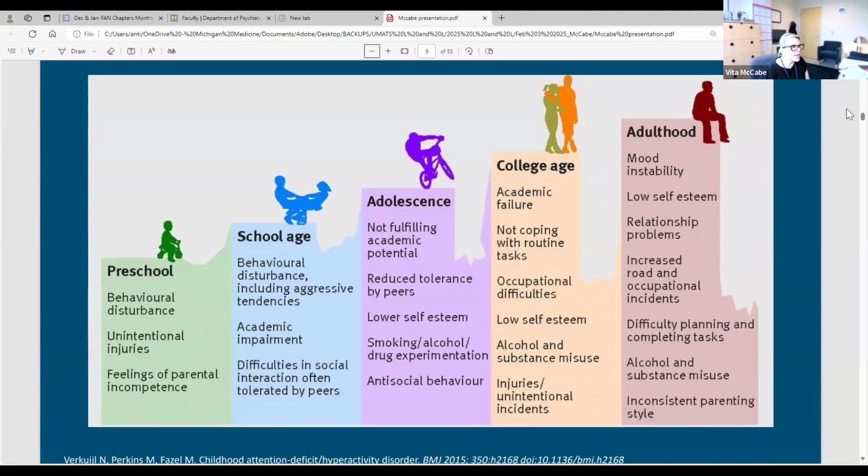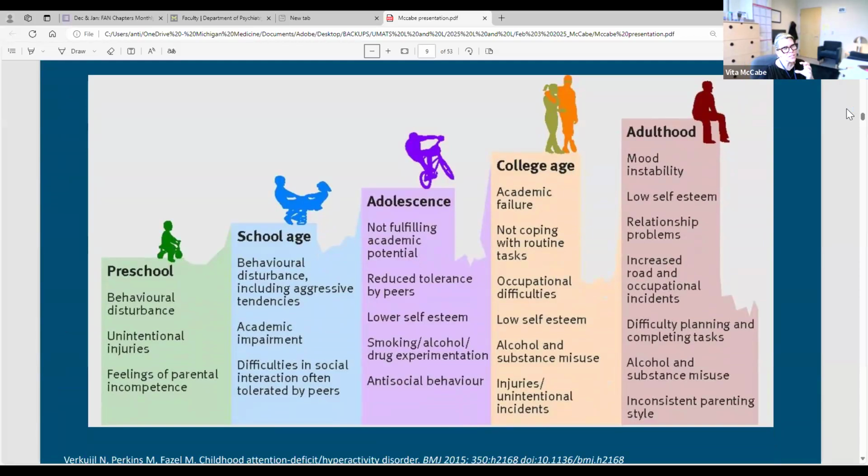And this is a reminder that ADHD, as people age, really changes. And so often in college-age students, we're seeing academic failure, not coping with routines, occupational difficulties, a lot of anxiety and low self-esteem, and substance use disorders, alcohol use disorders, unintentional injuries.